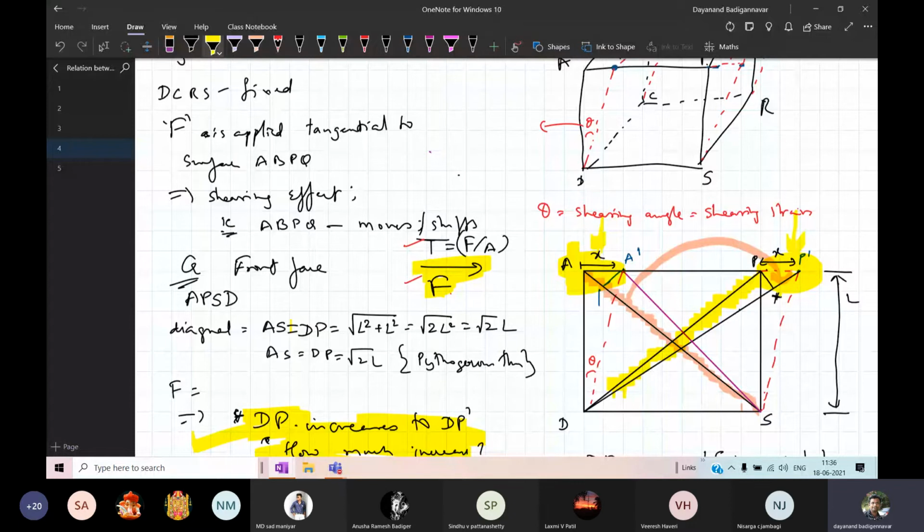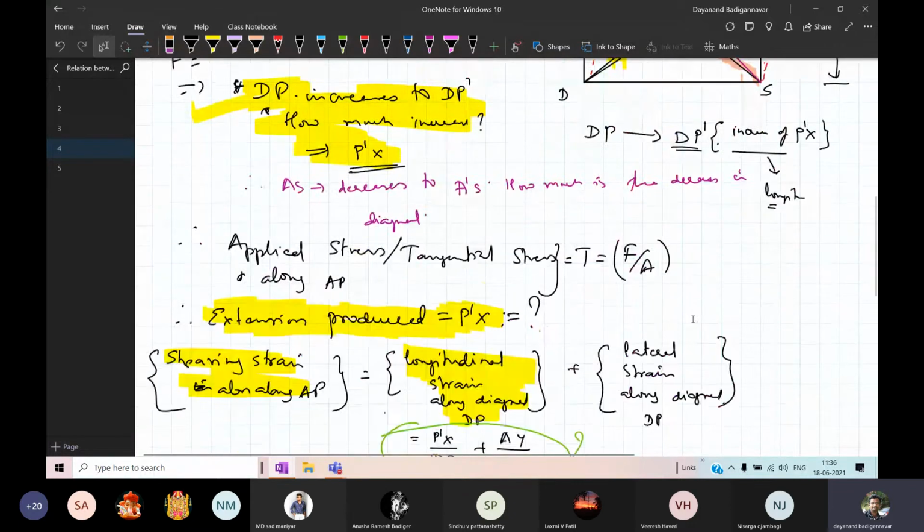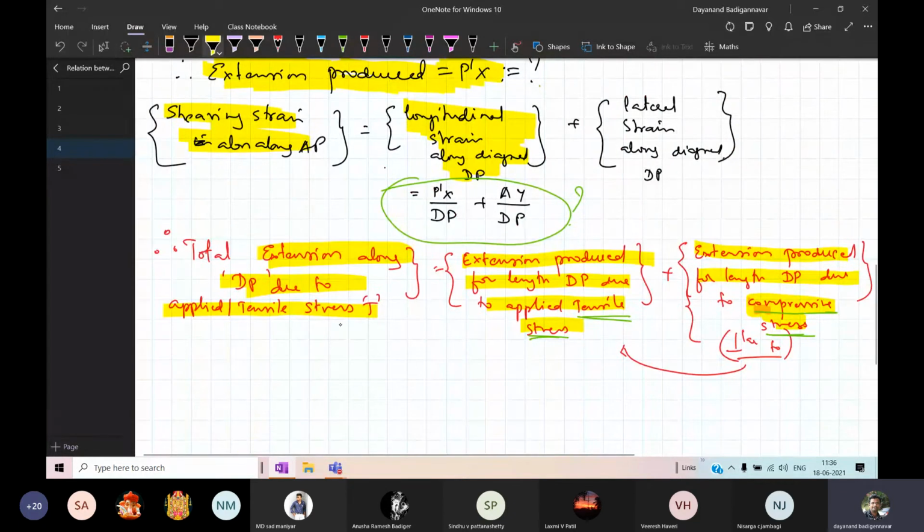Okay. So therefore I can write it: the total extension is the extension due to applied tensile stress plus the extension produced along the length due to compressive stress. So both are contributing.